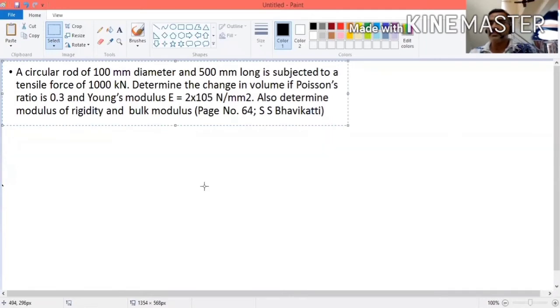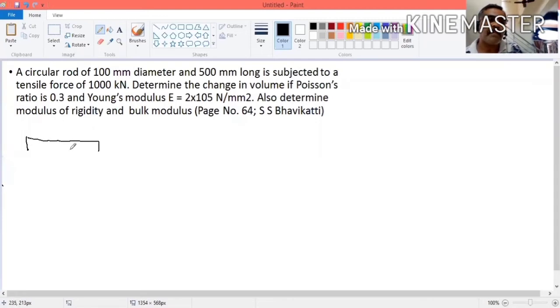This is a problem. What are the data given? A circular rod. The load is 1000 kilonewton.